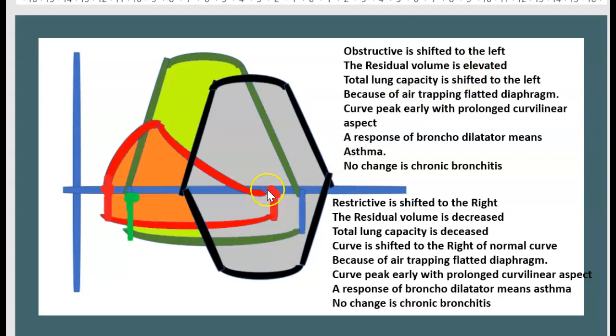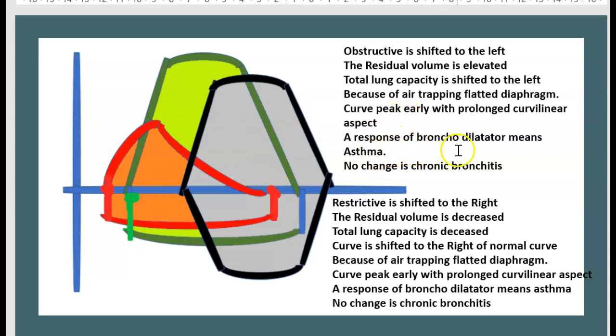We start from here to here. Total lung capacity is shifted to the left, from here to here, because of air trapping, flattened diaphragm. Curve peaks early with a prolonged curvilinear aspect.